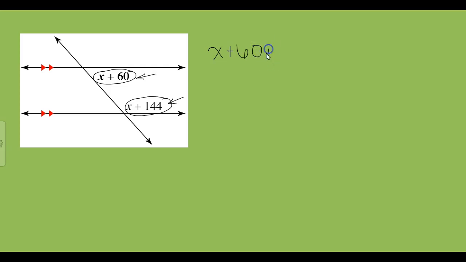x plus 60 plus x plus 144 equals 180 degrees. You combine like terms. x plus x is 2x, plus 144 plus 60 is 204, equals 180.